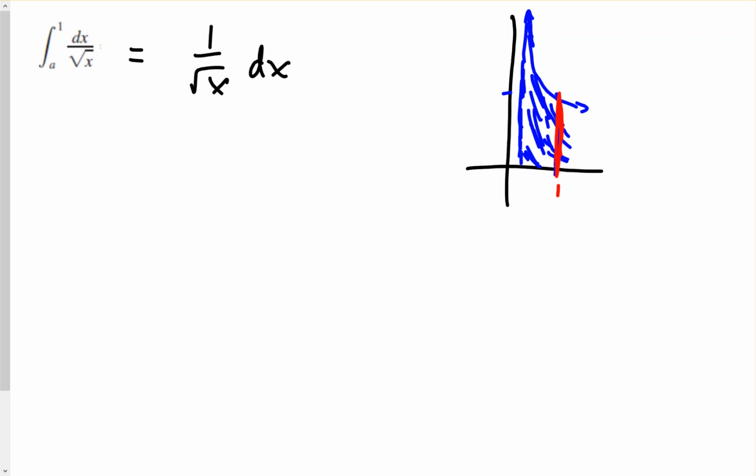So what we would do is this, we would say limit a approaches 0 from the right, and then we would go a to 1 of dx over square root of x.